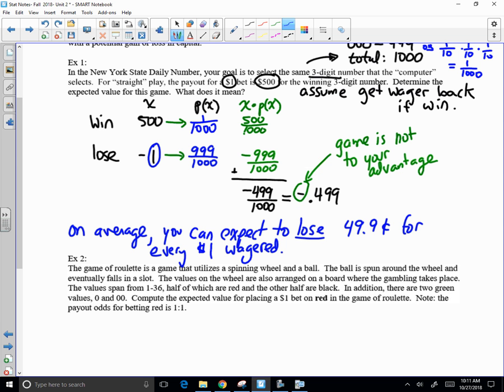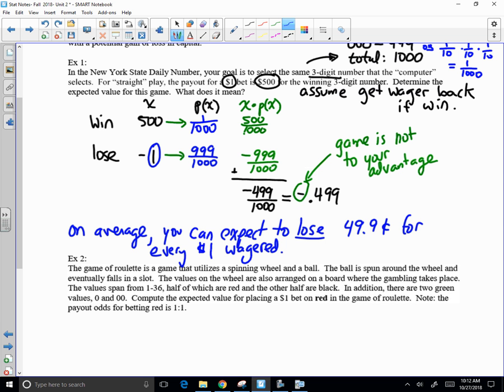Now, that's not saying that you're losing basically 50 cents every time you put a dollar down. It's saying that if you were to play this game over and over and over again, and all of your friends and everybody else were to play the game over and over again, if you add up all the credits and debits, subtract the two, and divide by the number of people who actually wagered, you're looking at an average of about a 50-cent loss on each dollar bet.